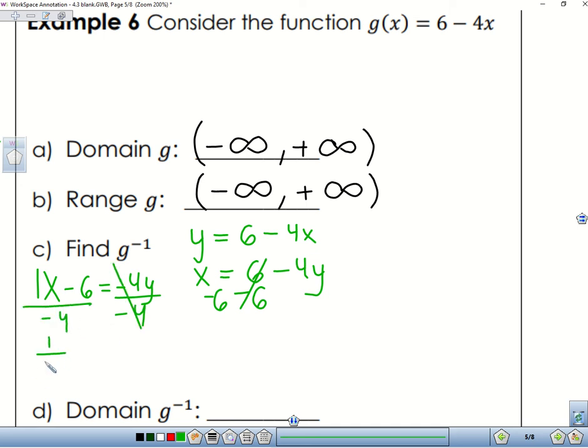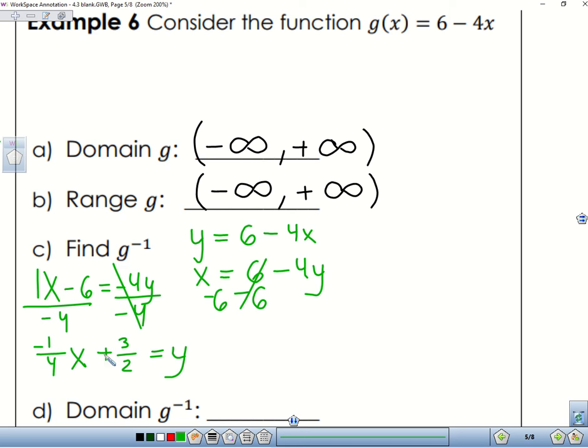And I get negative 1/4 x plus 3 over 2. I reduce the fraction. Everybody see how I got that? So 1 divided by negative 4 is negative 1/4. And negative 6 divided by a negative 4 becomes positive. Positive 6 over 4. Divide the top and bottom by 2 to reduce the fraction.